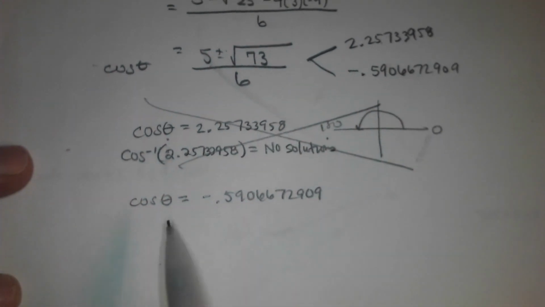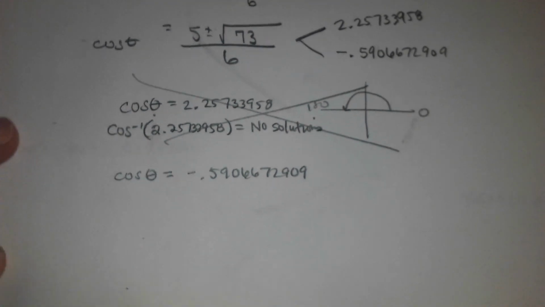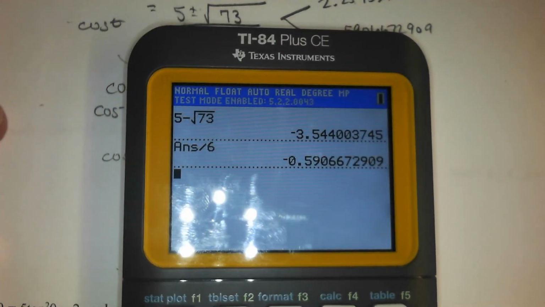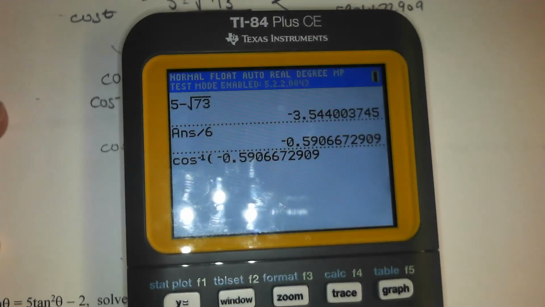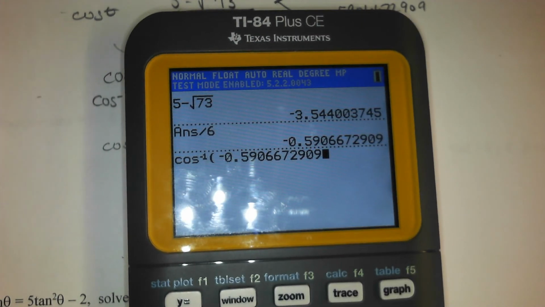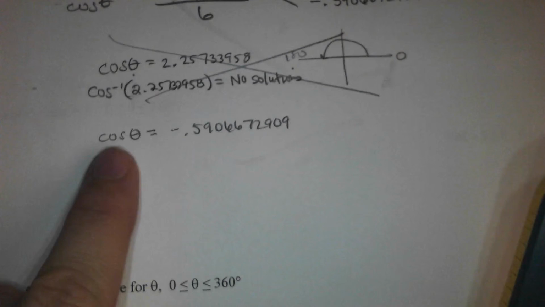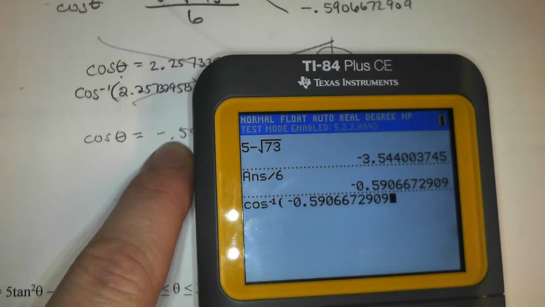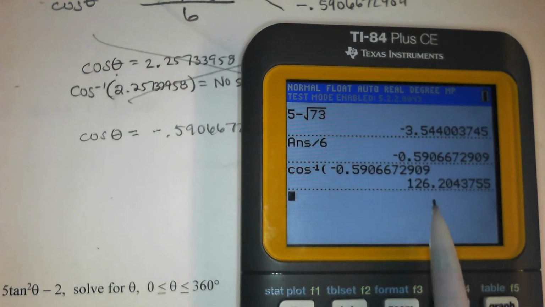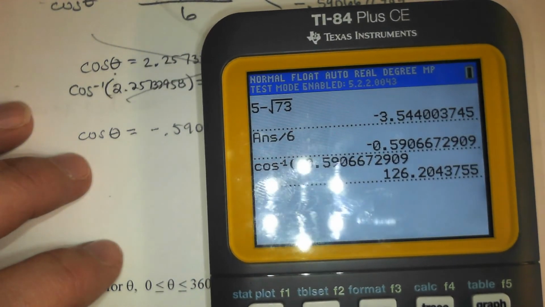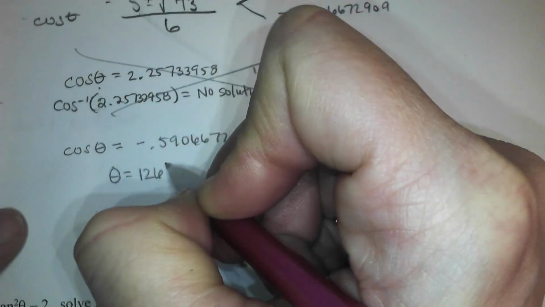And so I'm going to do inverse cosine of that number. Just go up and drag it down. Again, it's going to give me some angle in quadrants 1 or 2. Will it be in quadrant 1 or 2? If cosine is a negative number, it is going to be in the second quadrant. So, let's round to the nearest degree to keep our life simple: 126 degrees. So theta equals 126 degrees.